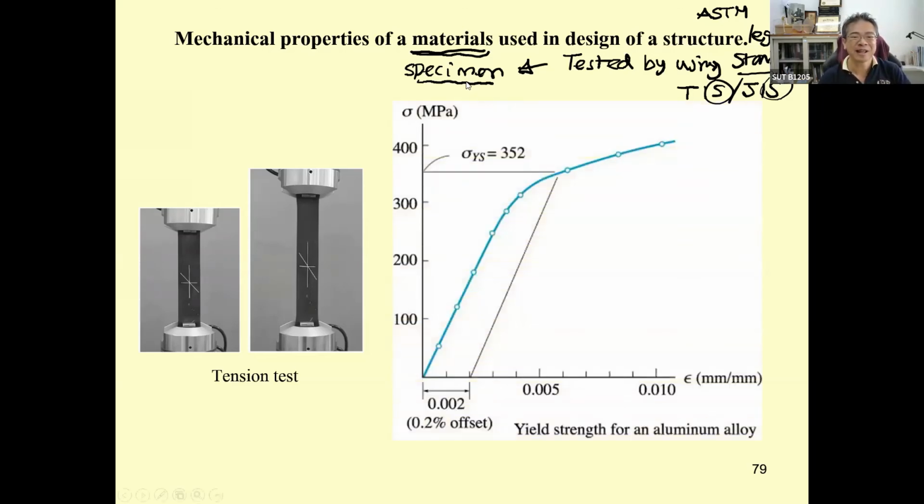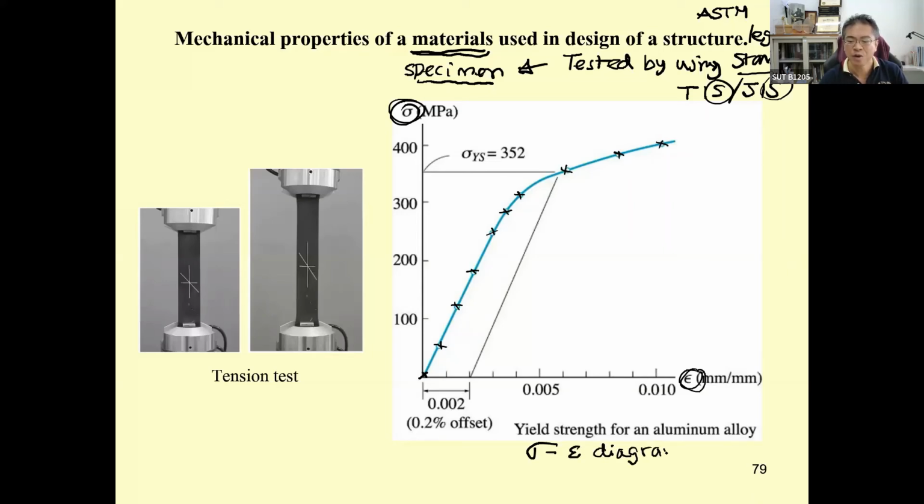And by following the standard, when you pull it, when the force is zero, the strain and the stress are zero. When you increase the force, you can compute stress, and you can compute strain due to the elongation again and again. And then you just connect the points and you will get the graph. We call this one the stress-strain diagram.